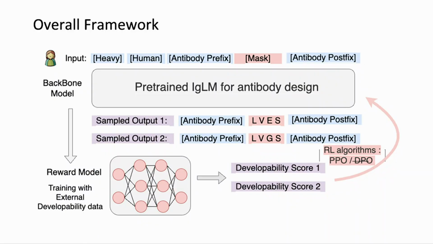And after we get the sample output, we will use the reward model, which is the developability index model, to generate a score for each of the sample outputs. And then we will use reinforcement learning algorithms like PPO to optimize the model. So DPO, which is also popularly used in language models, is not usable here because this is actually not preference-based data.